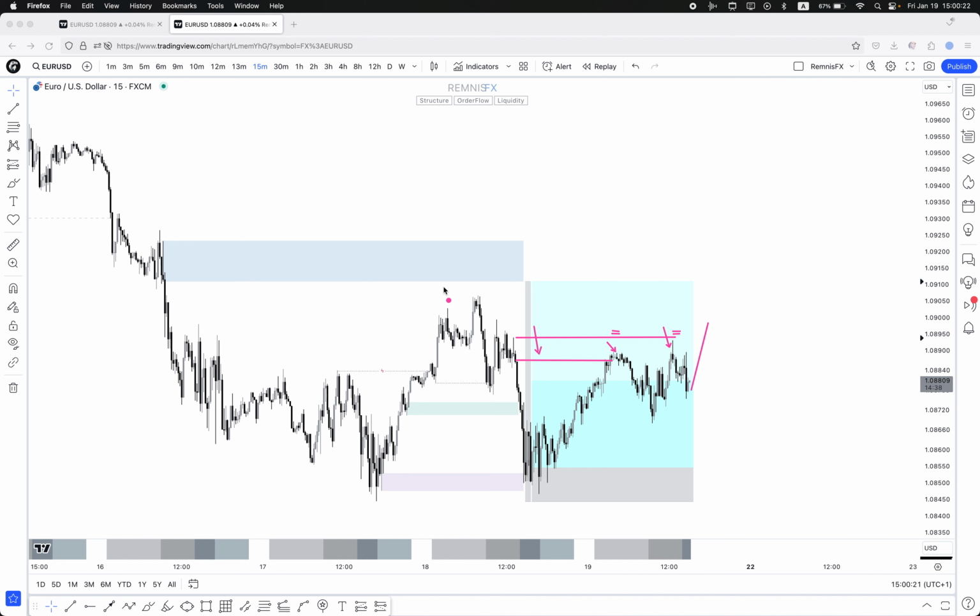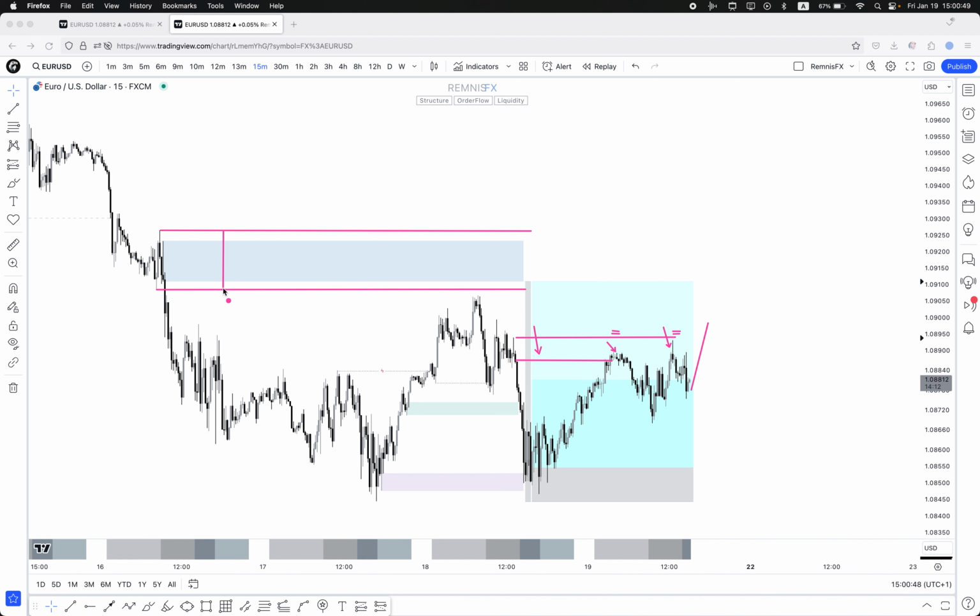Now, why do I think that will happen? Because one, obviously this is that entire order flow, and this blue colored rectangle is the refined order block, or point of interest, area of interest, however you want to call it, of that order flow.